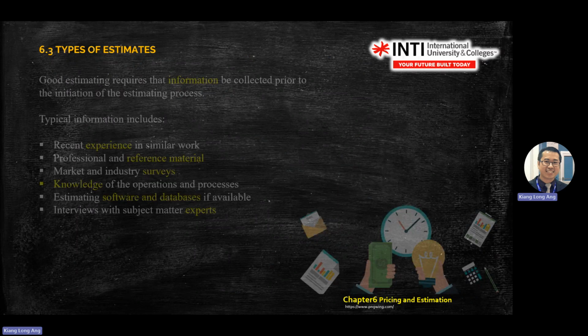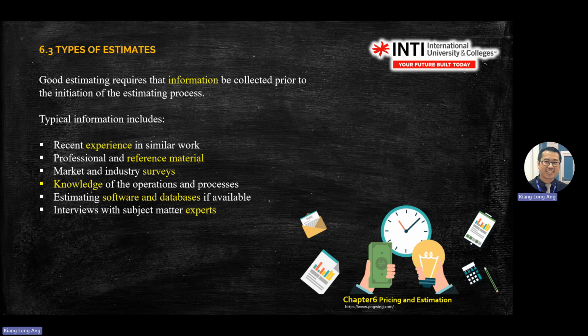So there are sources for your information. When you do estimation, you need data. So how do you get your data? Experience, your logbook or your QA quality logbook measurement. You do a survey, you use knowledge of the operation or process, some unique experience.